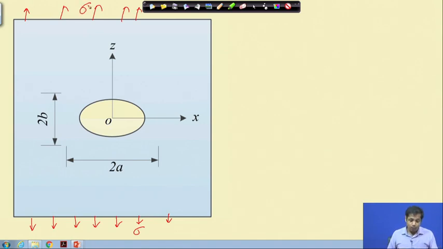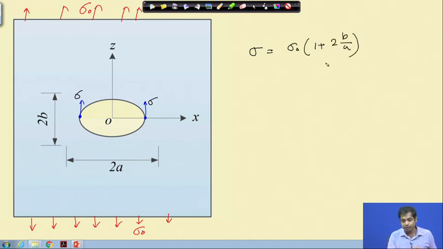If you take a point here or at this point, then the stress in this direction, let us write this as sigma 0. Then this sigma is equal to sigma 0 into 1 plus 2 b by a. This is the expression.